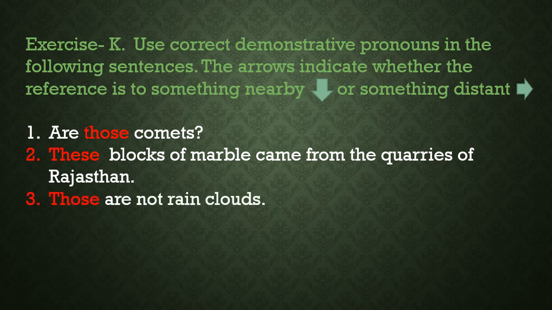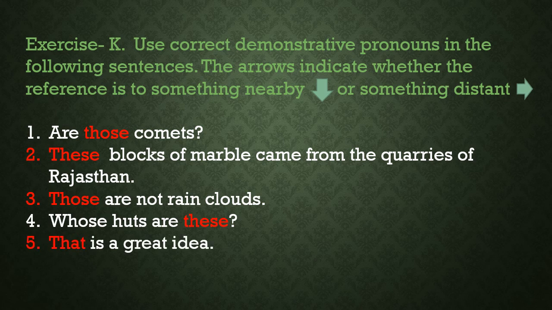Number 3, those are not rain clouds. Number 4, whose huts are these? Question mark. Number 5, that is a great idea. I hope this is all understood to everyone. Good.